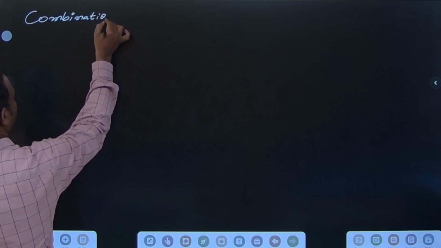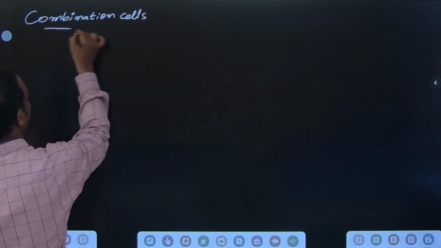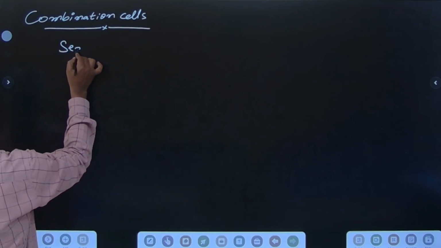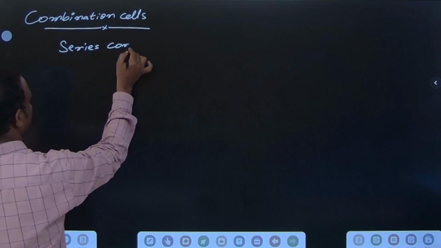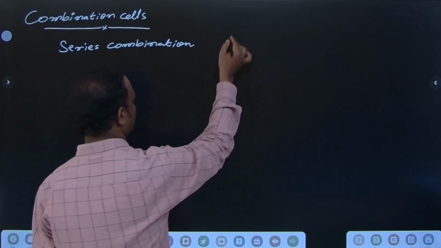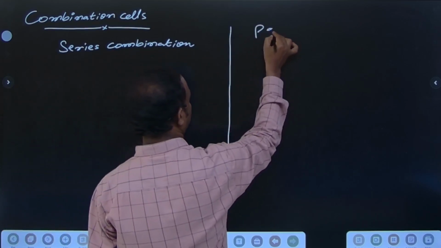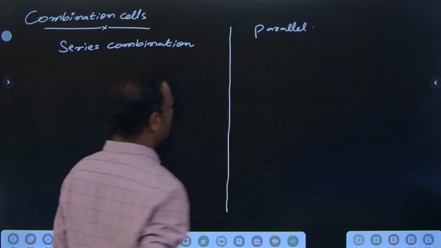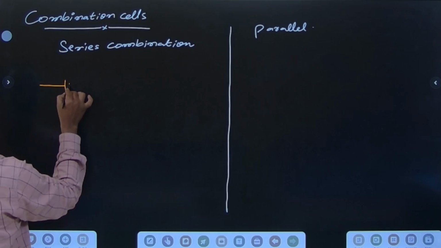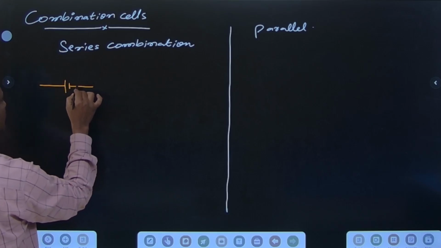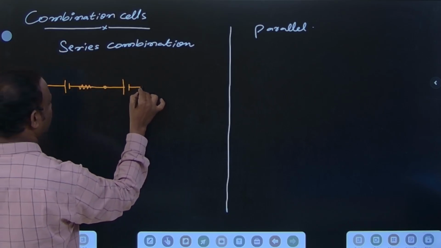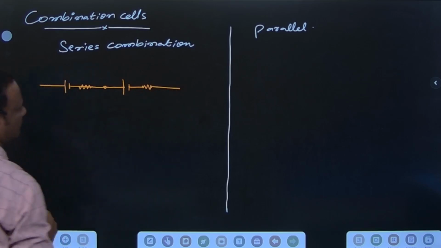Combination of cells. For the combination of cells, there are two conditions we can say. First one is series combination. Next one is parallel combination. For the series combination, first one cell is given, with internal resistance R. Next, one more cell is given, its internal resistance is small letter R1.